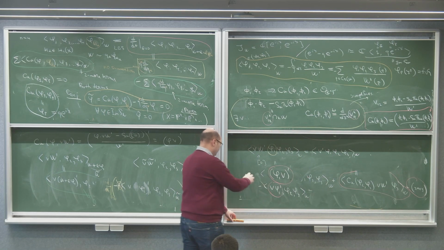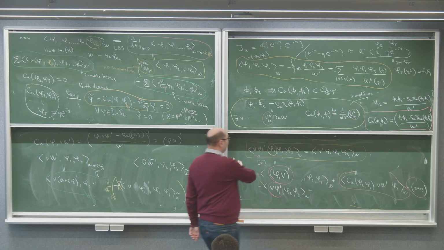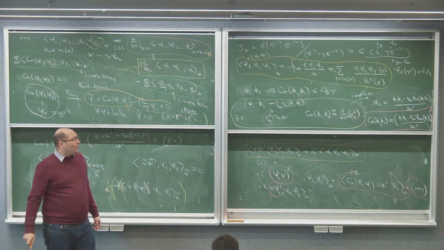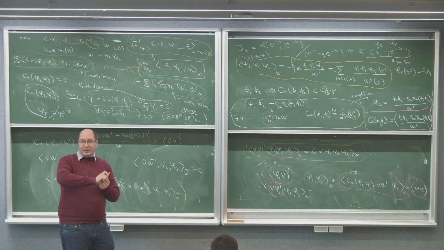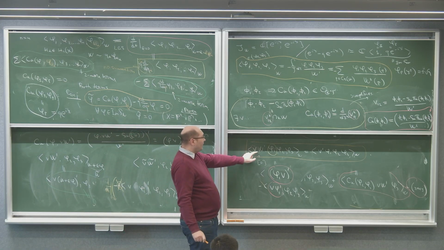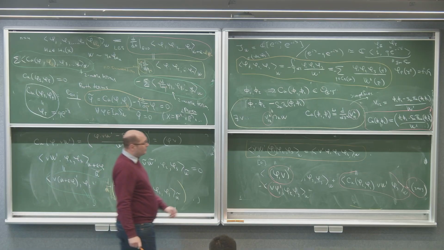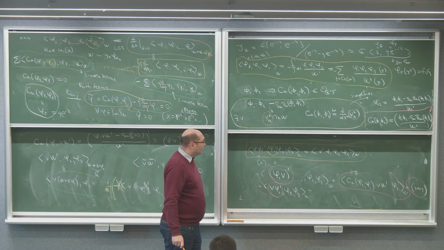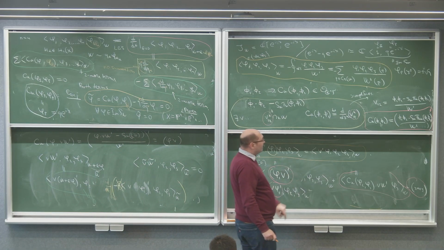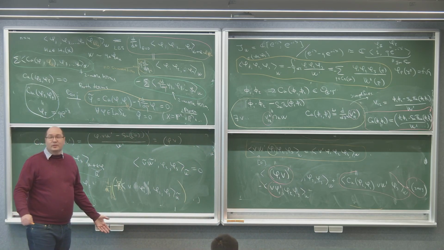So that is a universal formula for what happens, how the 4-point function changes if I change the representative. If I insert an element from a 0 plus that depends on v, then the answer is non-zero unless v is constant.